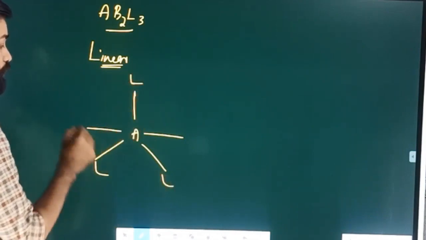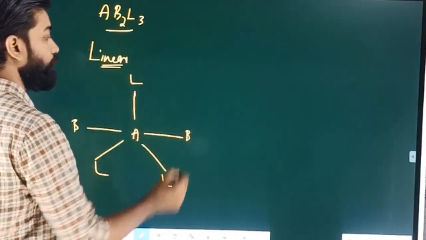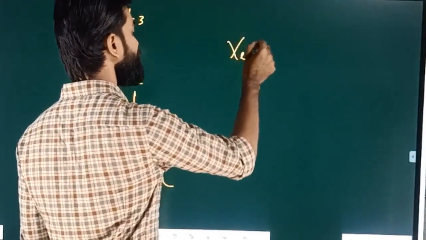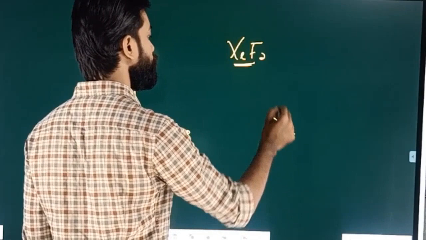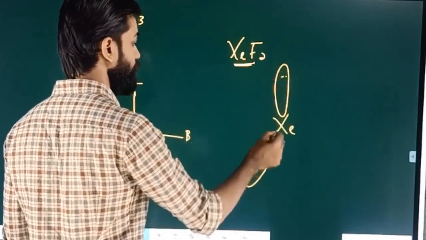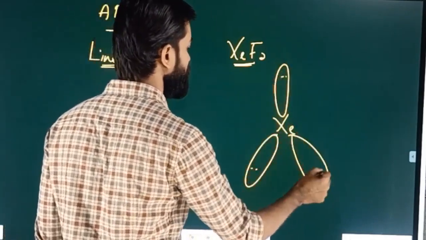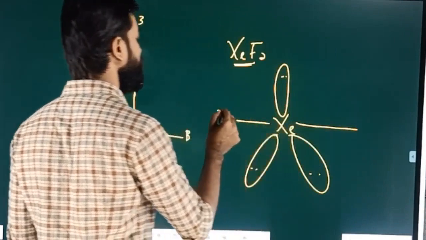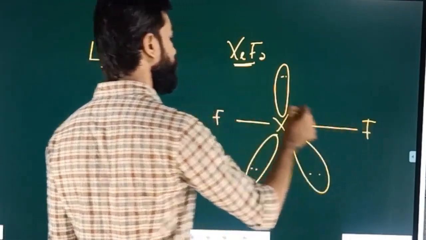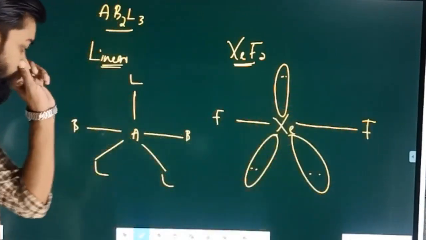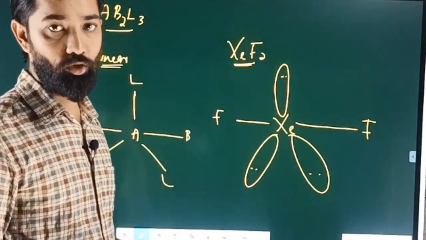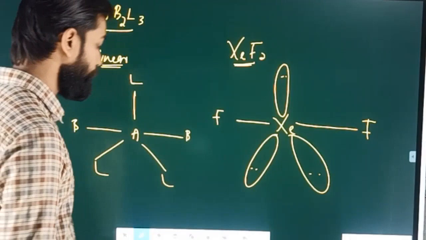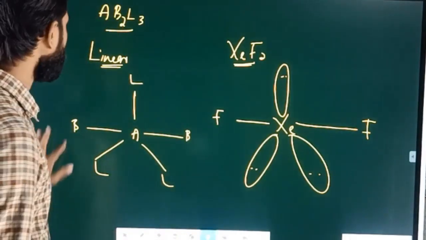The three lone pairs are in equatorial positions and the two bonds are in a linear pattern. So the example is XeF2. Let me show the linear structure in XeF2. Here is a lone pair, here is a lone pair, here is a lone pair. Only the bonds are in a linear pattern. So the shape is called linear. Well-defined bond angles are not given for these examples. Okay. Ready.